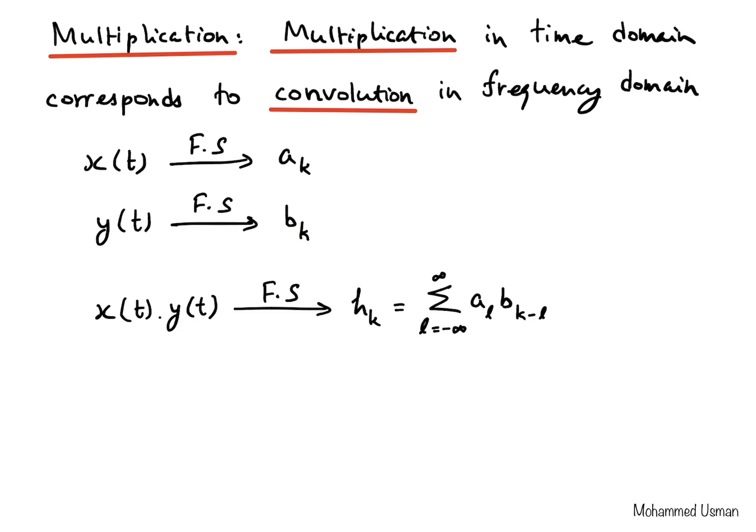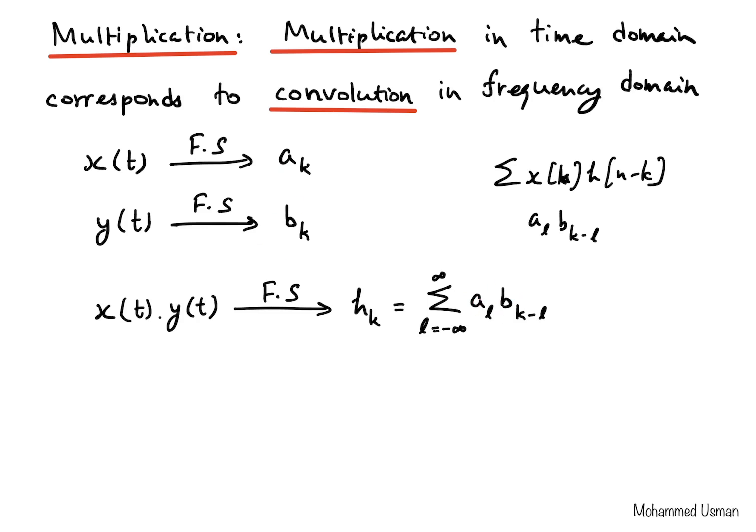So it is the convolution of ak and bk, which is, if you recall, the convolution operation is summation x of k times h of n minus k, for k equal to minus infinity to infinity. So here it is written as a l b of k minus l. So it's basically the convolution between ak and bk.